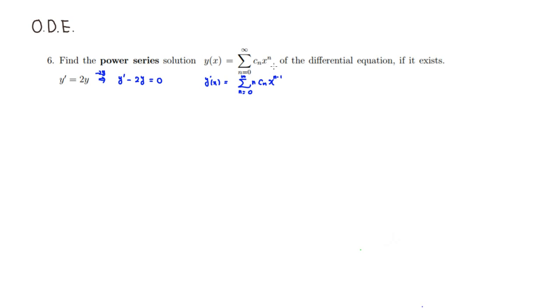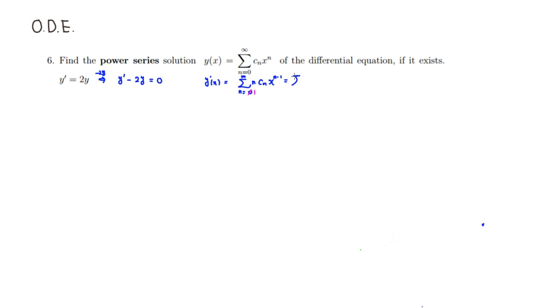Actually, when n equals 0, the term is going to be 0 because of the n right here. So we can actually start from 1, right? But if you really want to start from 0, we can do the following.